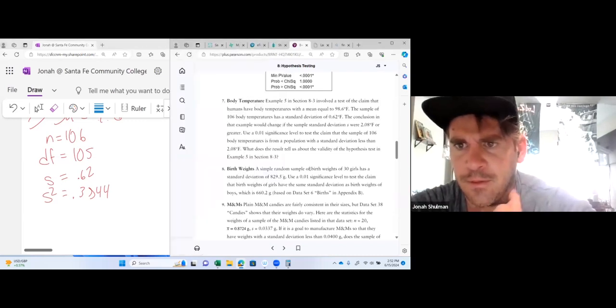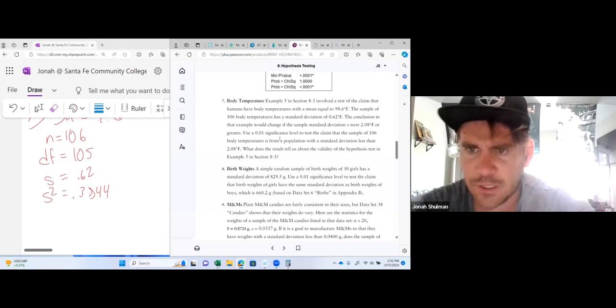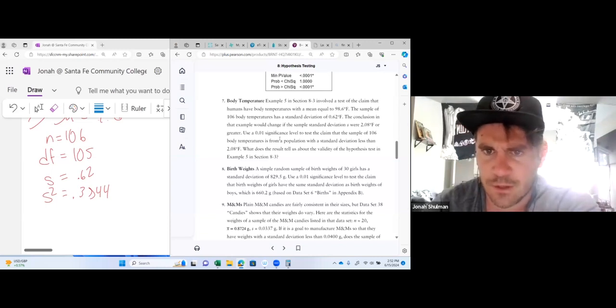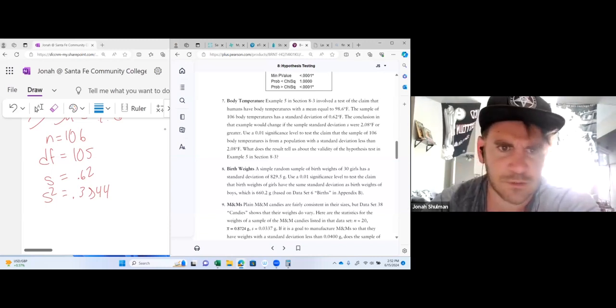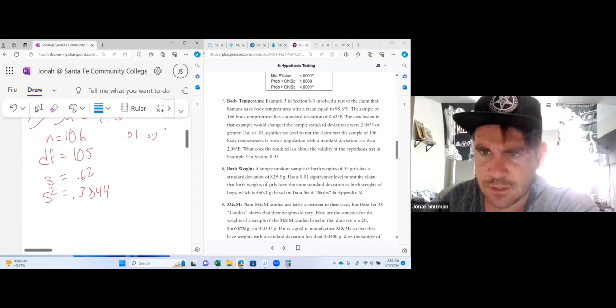Okay. The conclusion in the example would change if the sample standard deviation was 2.08 or greater. So use 0.01 significance to claim that the sample of 106 is less than this.